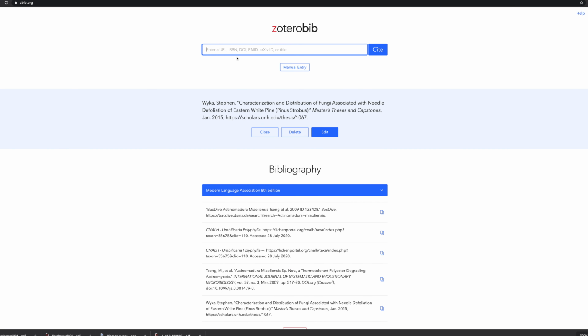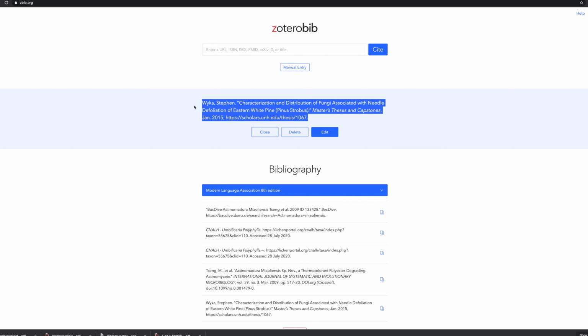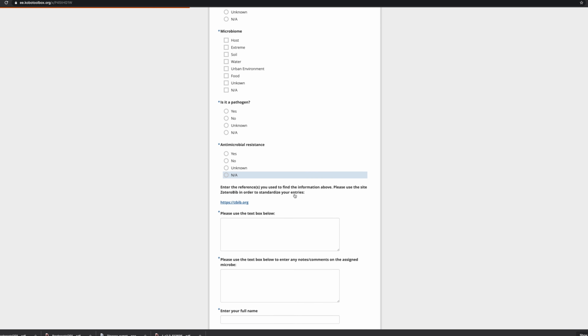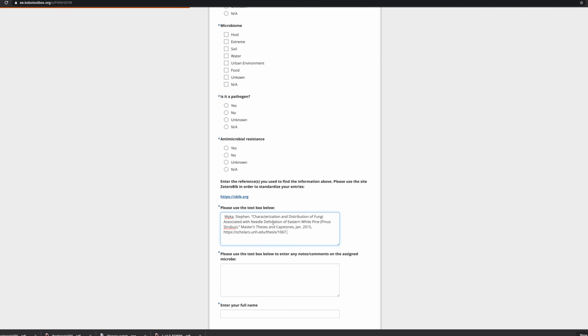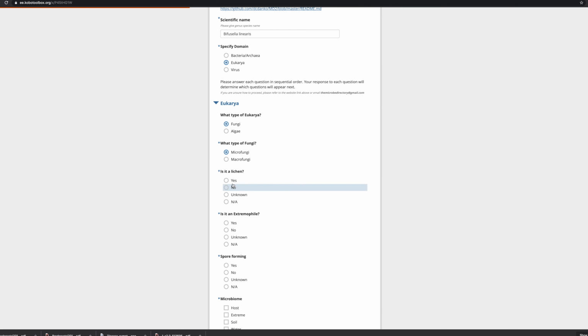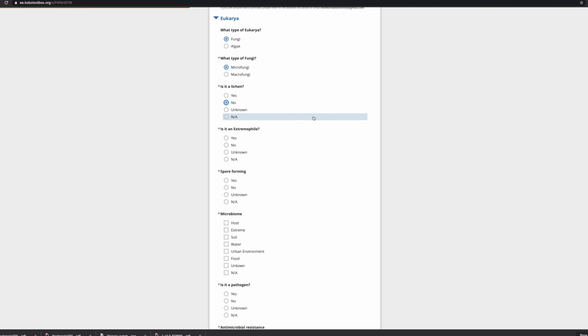and we're gonna copy this, and we're gonna select microfungi. We are going to put our first reference right here. We know that it's not a lichen, and it doesn't, in any reference, state that it's extremophile.